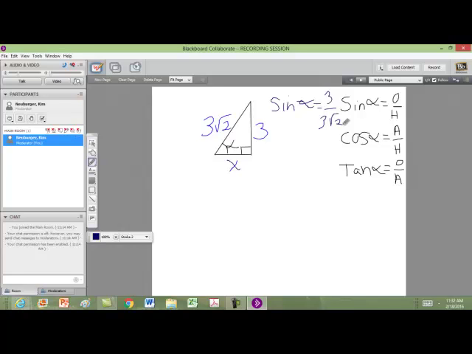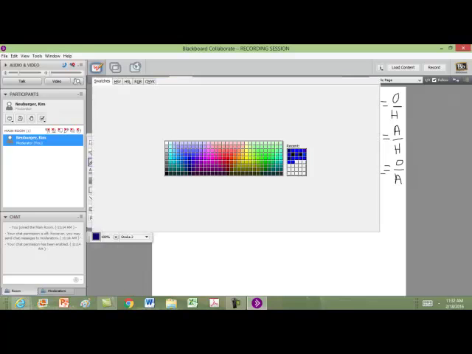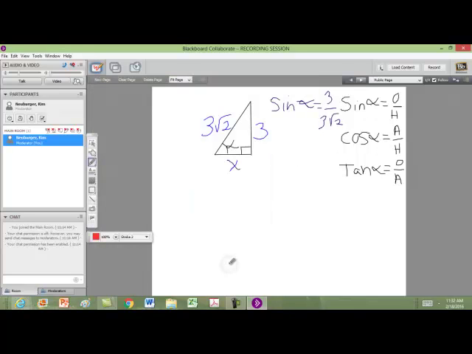Now, in the last video, we went ahead and left our square roots in the denominator and didn't do much other than maybe simplify our fraction by reducing the 3's in this particular case. In this video, we're going to actually take that a step farther because now we know how to rationalize denominators. So we are going to go ahead and simplify our sine ratio in this particular triangle by first reducing our 3's.